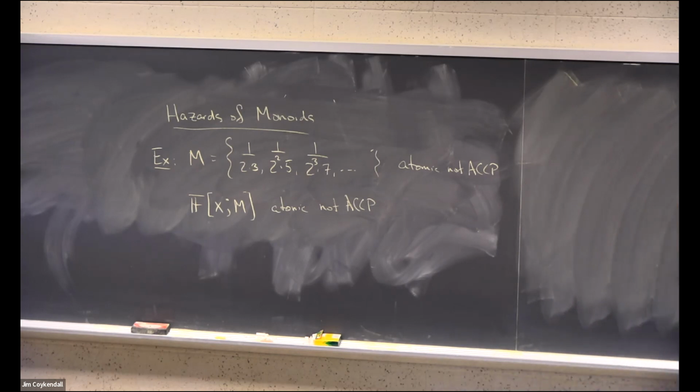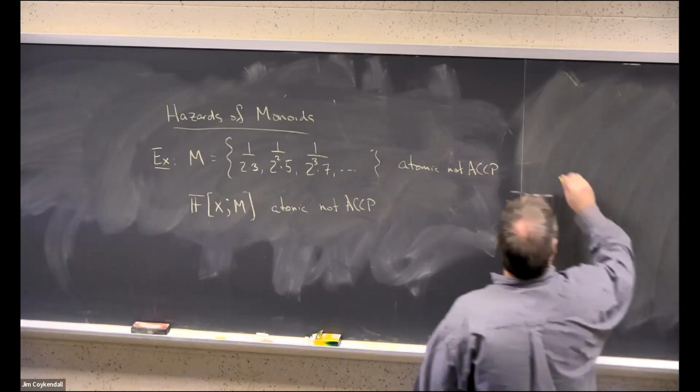The problem is, in a certain sense, it's easier to build monoids because you don't have that pesky addition to worry about, right? It's just one binary operation. You've got more freedom in a certain sense.